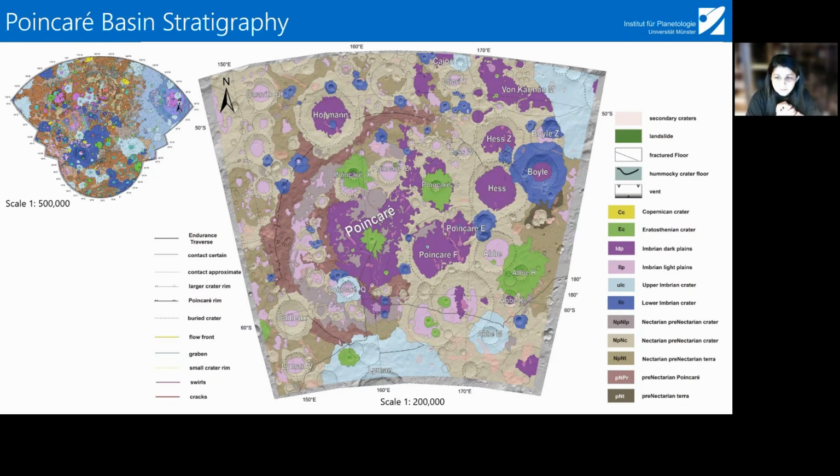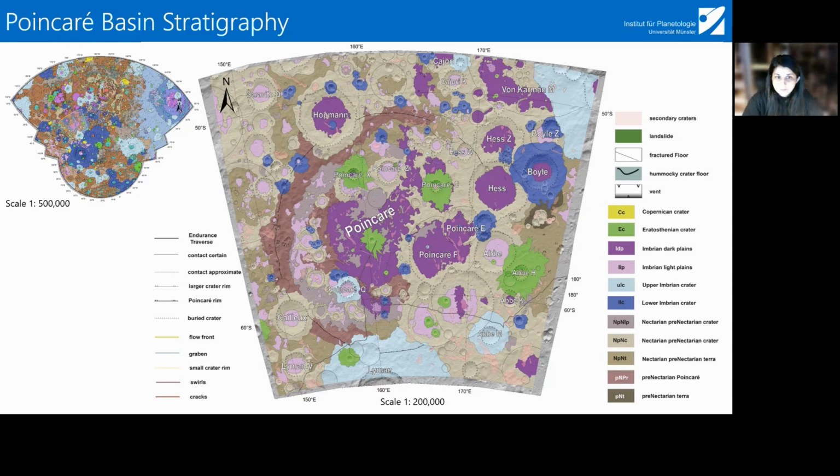We have very little exposure of pre-Nectarian terra. Poincaré is also considered pre-Nectarian in its age. And then we have many materials from Nectarian and pre-Nectarian that are younger than that.